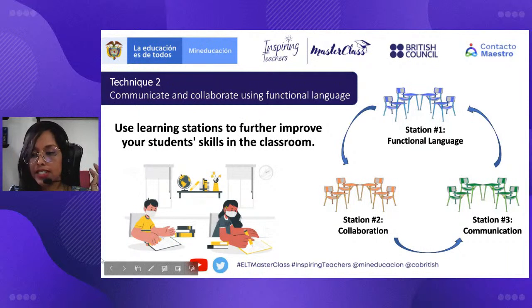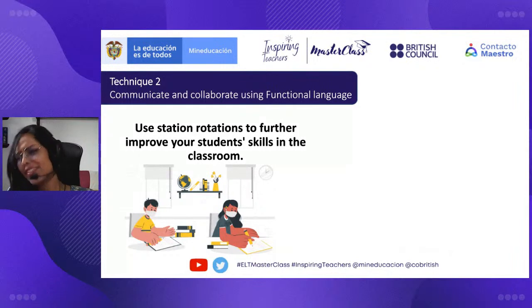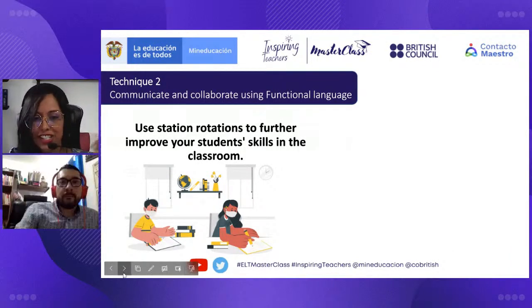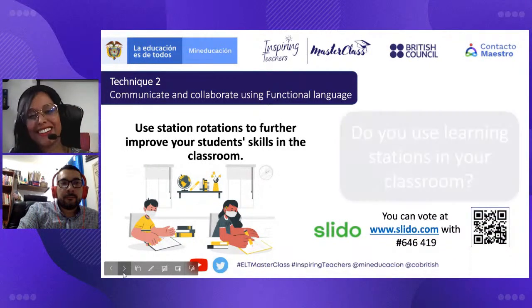So if we have these stations, I have a question, and now it's my turn to get the teachers and get some ideas from them. In this case, we're going to be talking with Diego. So Diego, here, we're talking about station rotations and learning stations to help our students further improve their skills. So we're going to get our teachers that are listening involved, and then you're going to talk a little bit.